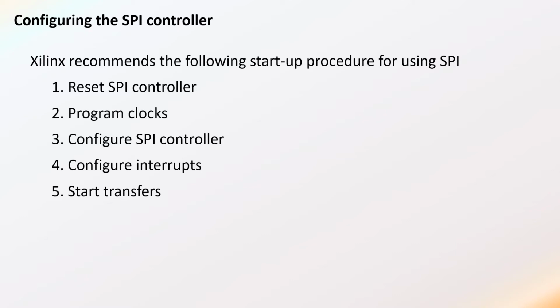So to reset the SPI IP block, just like to reset the I2C IP block and other system level blocks, you've got to do a bit of a procedure that involves unlocking access to that register. Now keep in mind the SPI block is a separate IP block.